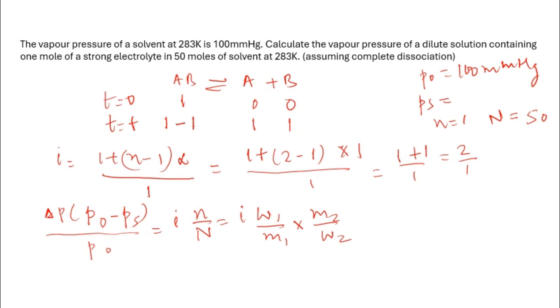So let's keep the values over here. P0 is 100, PS you have to calculate, divided by 100, equals i, which we calculated to be 2, n is 1 and capital N is 50.